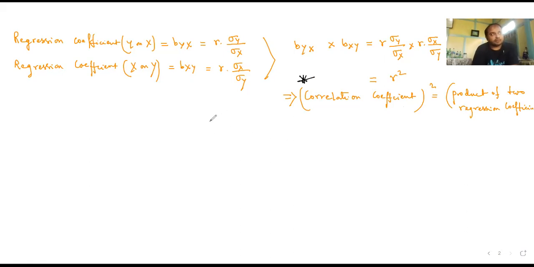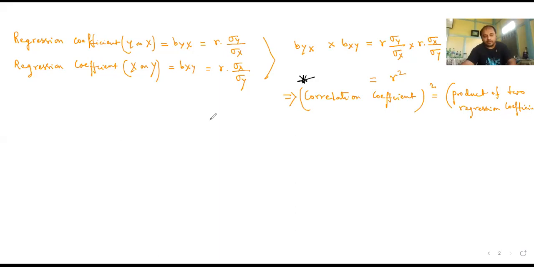Now, if the values of the variables are not given to you, but I tell you that the equation in front of you is a regression equation, and I'm not telling a lie, then you can directly find the correlation coefficient from the equation itself.